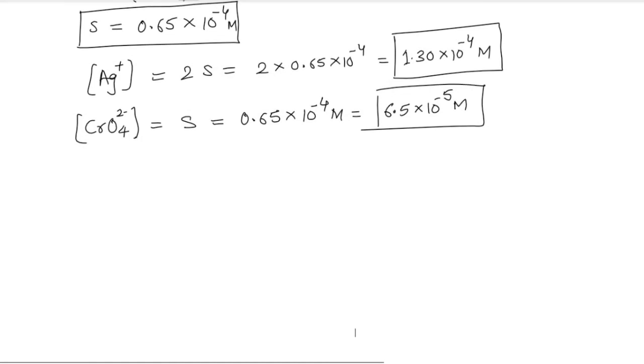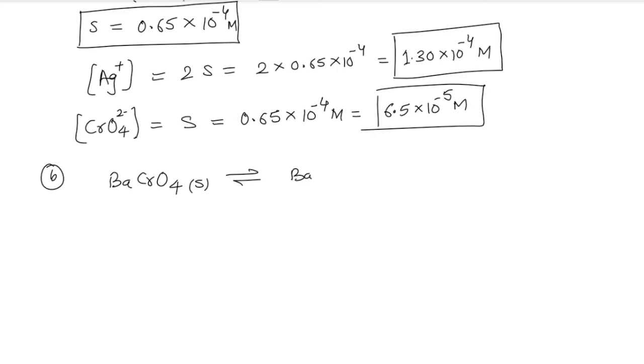In barium chromate, the solid gives barium 2 plus and chromate ion. If the solubility is S, or take it as X, what is X? The solubility of the salt in water.